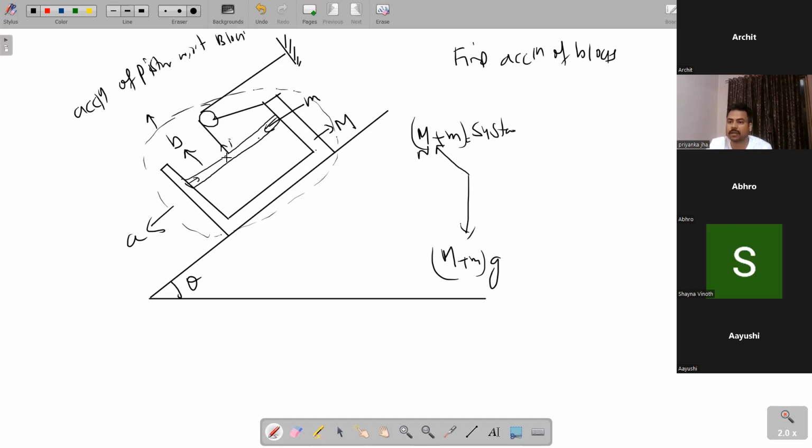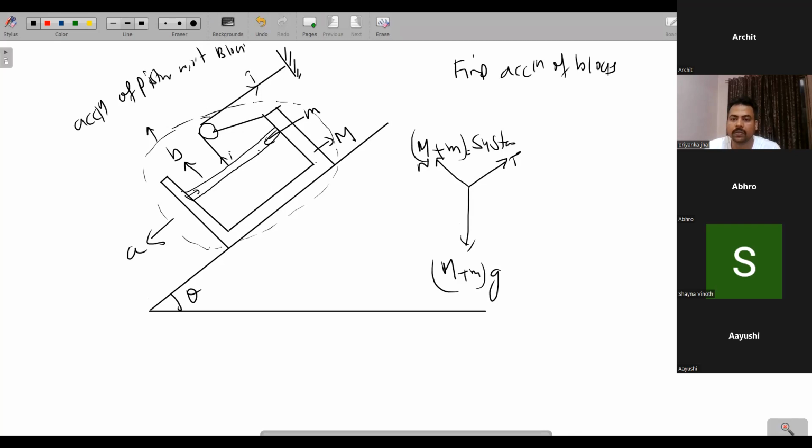Even this tension will become an internal force, so on this system there will be one external tension. Understood so far? Anyone has any doubt? No, sir.